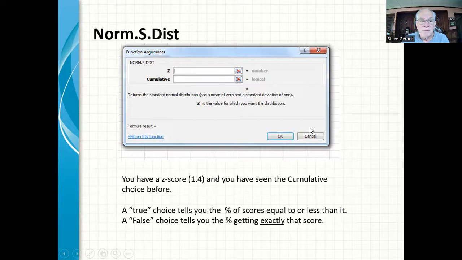Norm.dist, you start off with norm.s.dist. The S in it tells you you're working with a standardized distribution. What you do here is you put in some z-score, and then you put in either true or false to tell you whether you want the cumulative or the point probability for that distribution.